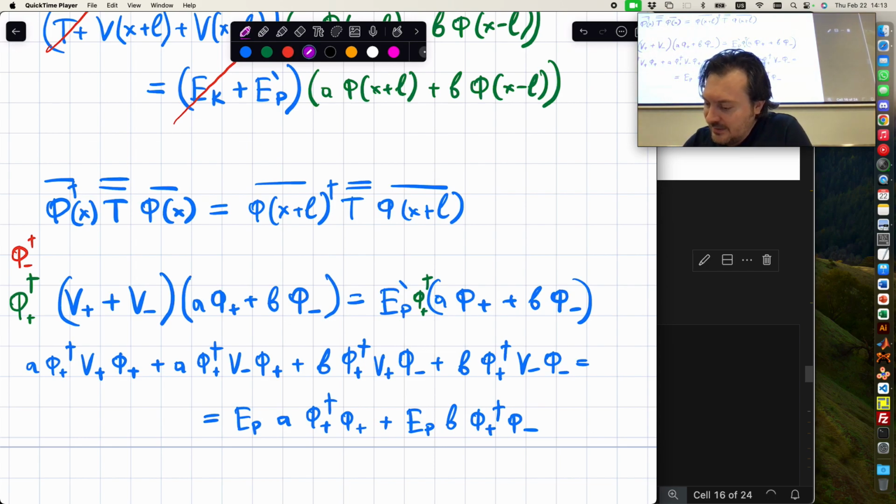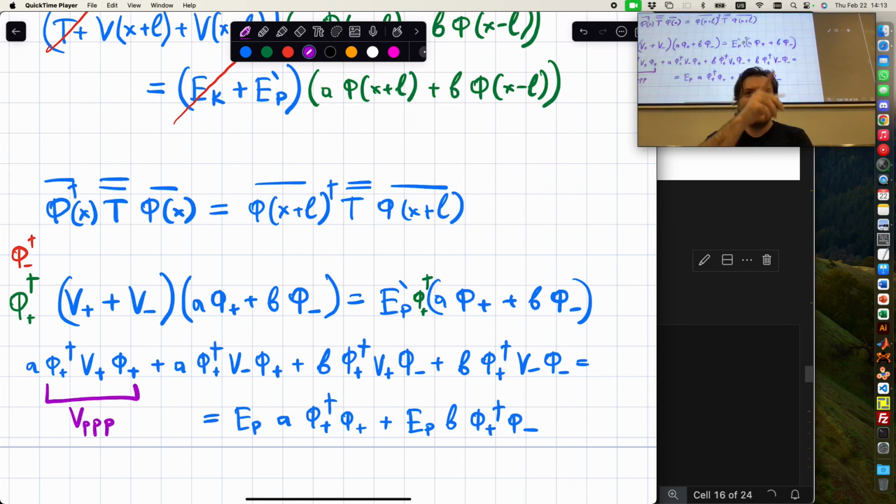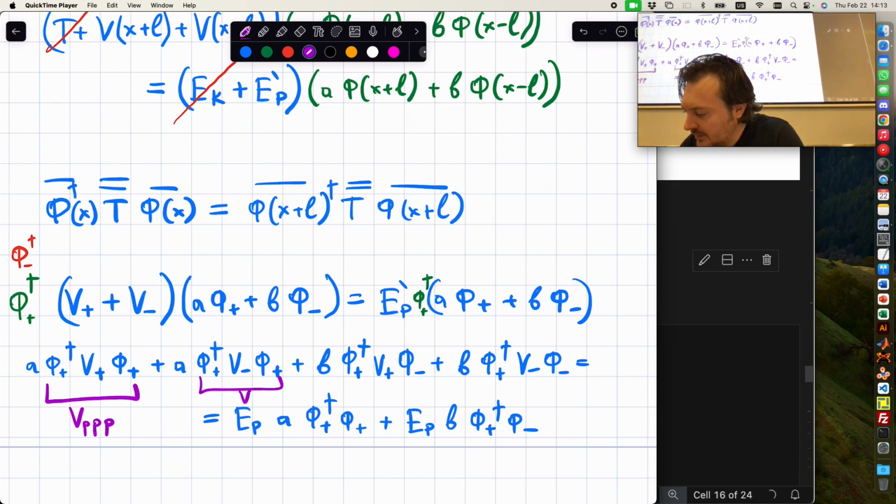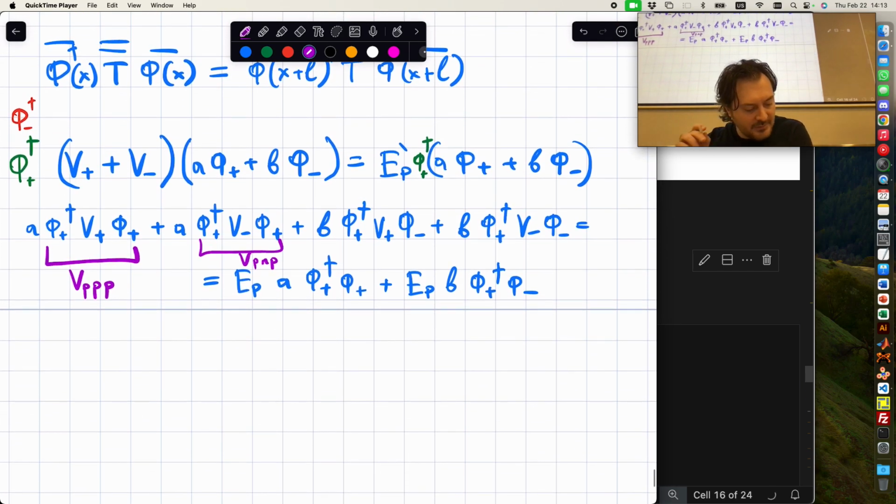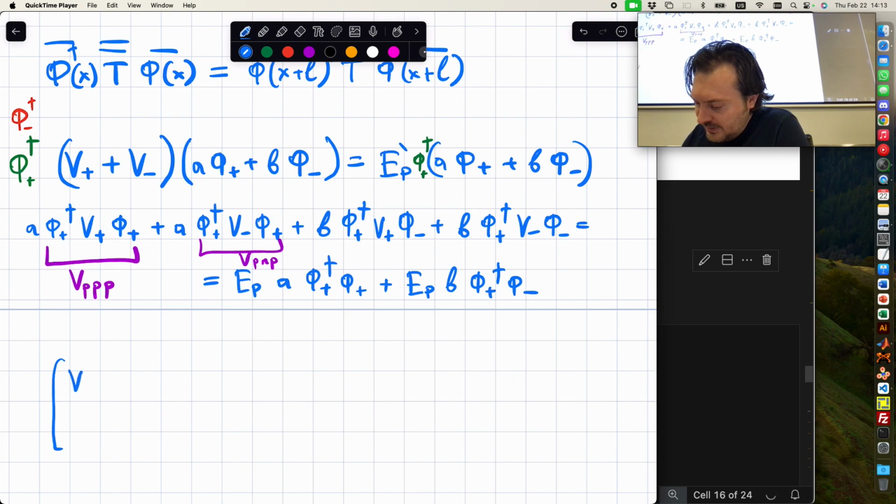Let me get yet another notation. Let me call this VPPP. It's like plus, plus, plus. So let's call this VPNP, plus negative, positive, negative, positive, okay? If I follow this notation, then I get this matrix equation.